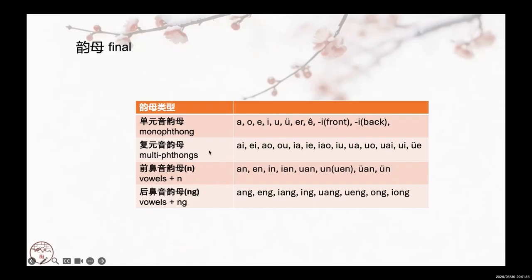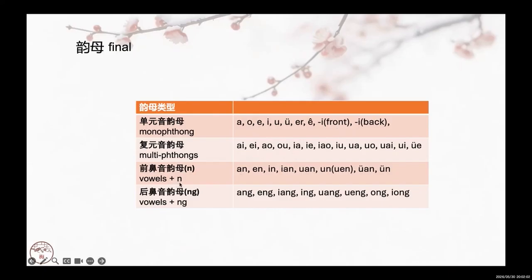It can be diphthongs. It can be triphthongs. We already practiced the pronunciation of all the vowels, right? Single vowel, diphthong, triphthongs.